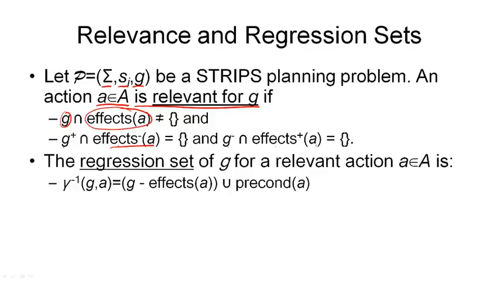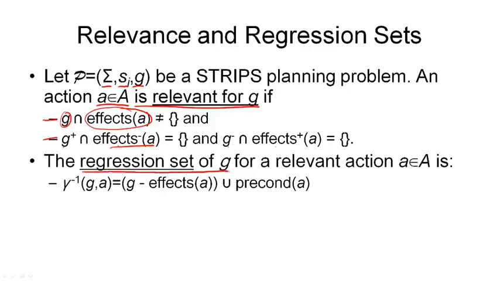The second case is just the other way around. We have a positive effect that adds a negative goal to the state which we don't want. So, an action is relevant for a goal if it contributes to the goal, that's the first condition, and if it does not interfere with the goal in a negative way, that's the second condition.